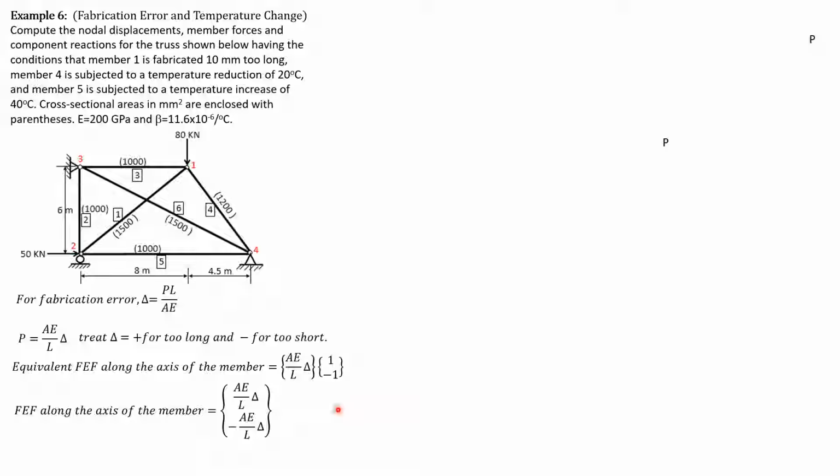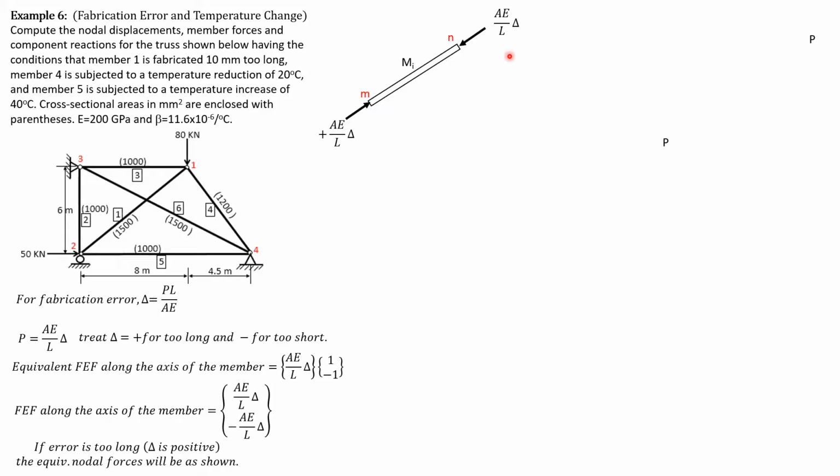But the equivalent nodal forces would be opposite to compression, so that would be in tension. So if error is too long or positive, the fixed end force is such that it will be compressed, but the equivalent nodal force will be opposite to compression, so tension.